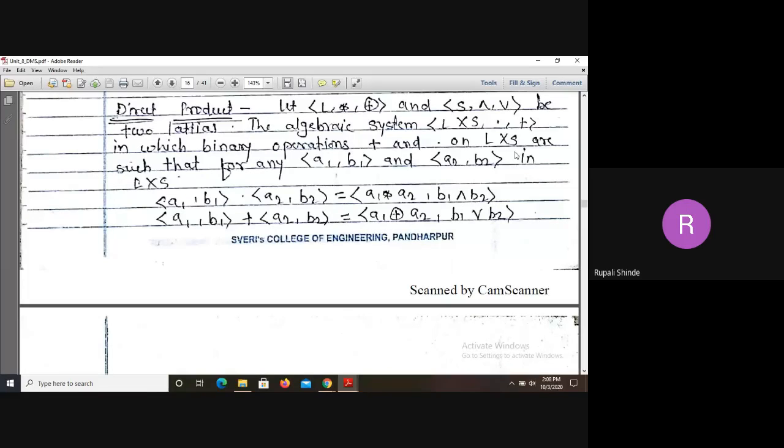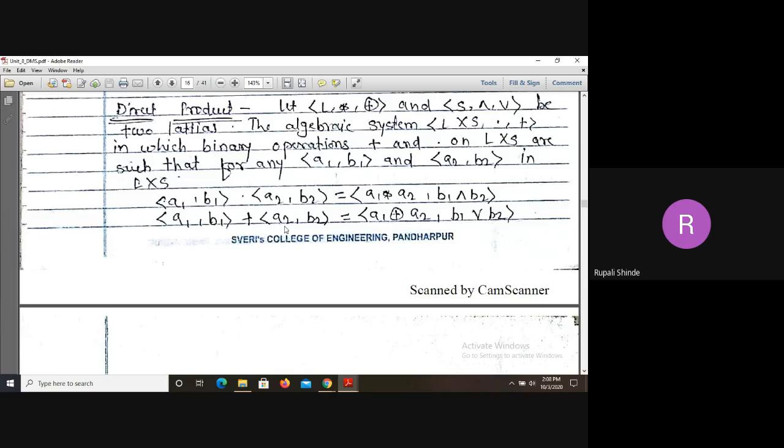So likewise, if you consider this plus operation, if you define it on a1 b1 and a2 b2, then you will get a1 XOR a2. Why? Because a1 a2 these are elements of first set, that is of set L, and for this set L there is XOR operation which is similar to plus operation. So we have written here a1 XOR a2.